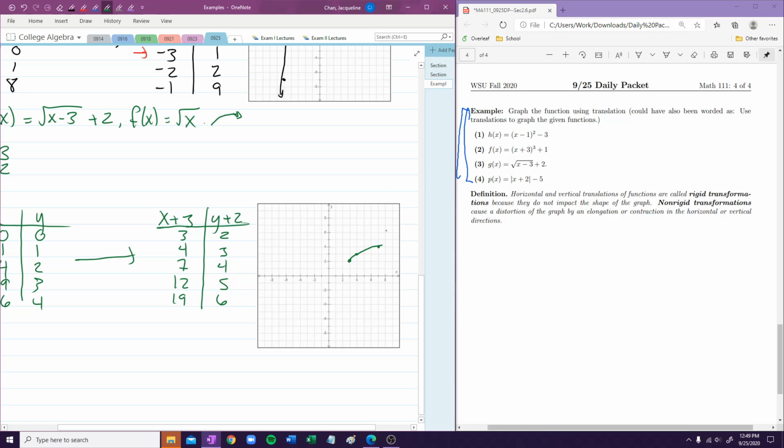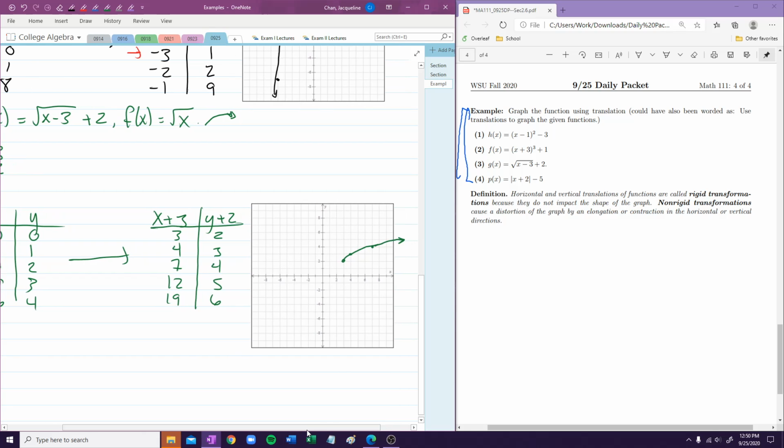Because I was like thinking, this looks super big. And it's not supposed to change the shape of the graph. Okay, because remember, these are rigid transformations. Alright, so this is our graph. Okay, of the square root of x minus 3 plus 2.